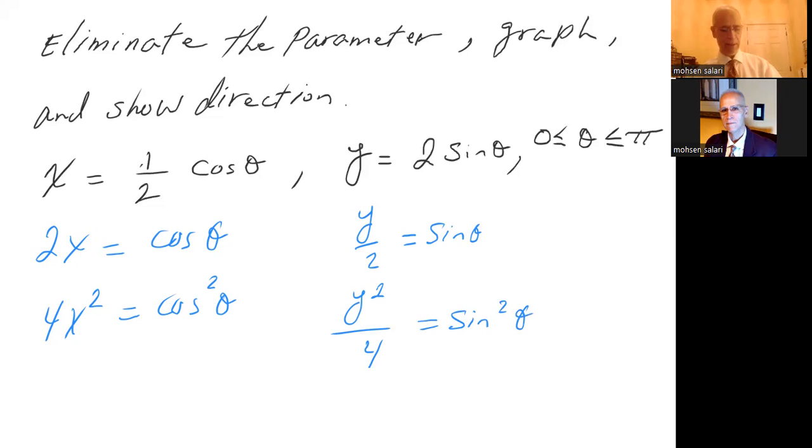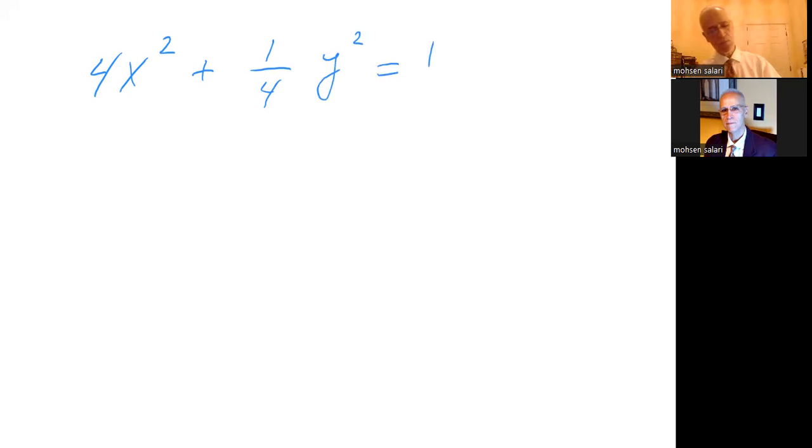And we know that cosine squared of theta plus sine squared of theta equals 1. So I have 4x squared plus 1/4 y squared equals 1. Well, I need to have this 4 in the denominator.